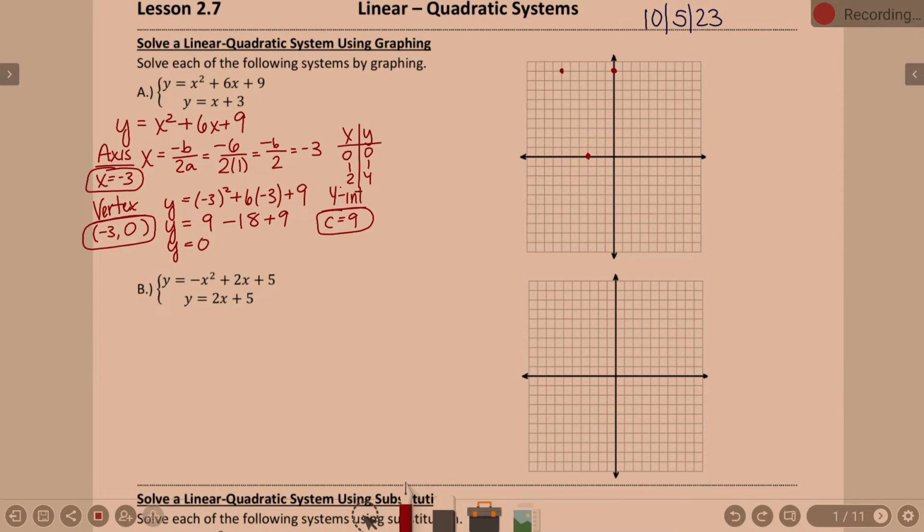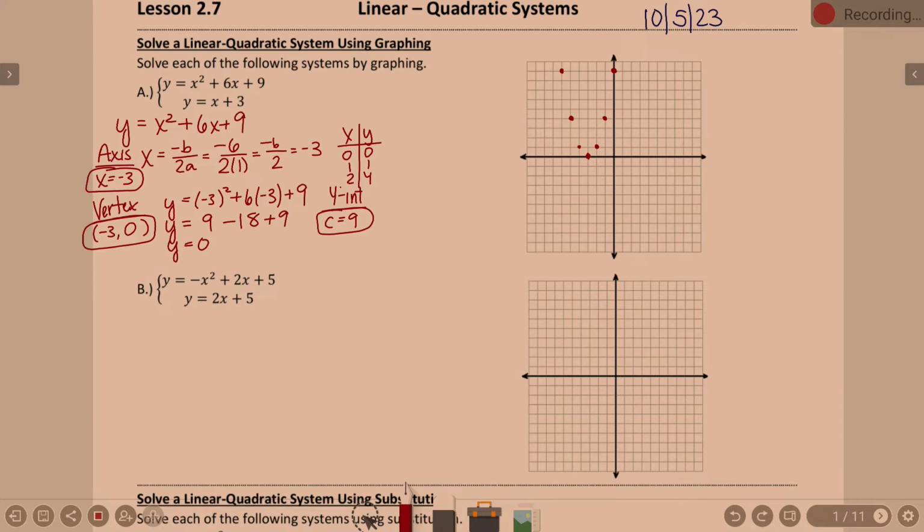count over 6. Okay? Now, you can draw your vertex just like this if you want, or your parabola just like this. Although I would encourage us to think about what's the basic form of a parabola. Here's my vertex, 0, 0, over 1, up 1, over 1, up 1, and over 2, up 4, over 2, up 4.